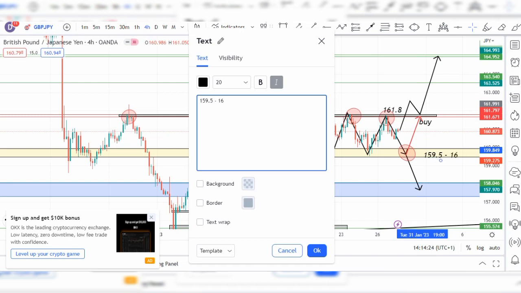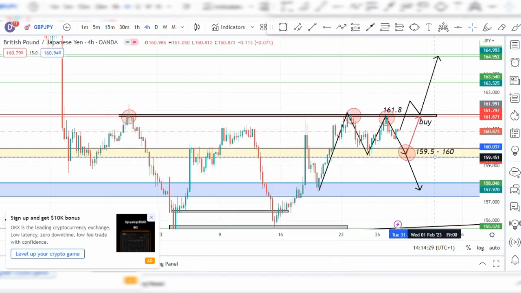This zone here will be another key area, and in this key area we're looking for two things. Either price gets down into this area and then reverses back, giving us a buy signal there, or it breaks through this area and then continues all the way down. Either way, all we need to do is wait for confirmation in that zone and then take our trade in the direction in which we're expecting price to go.